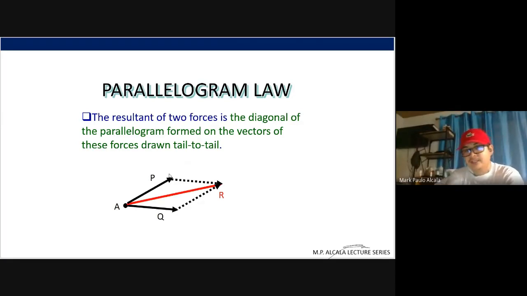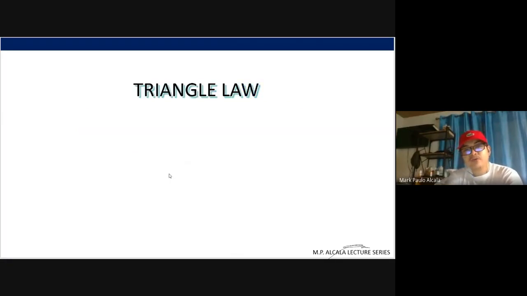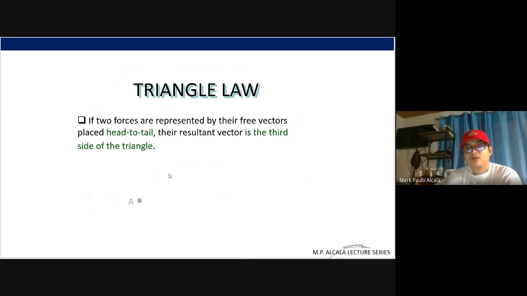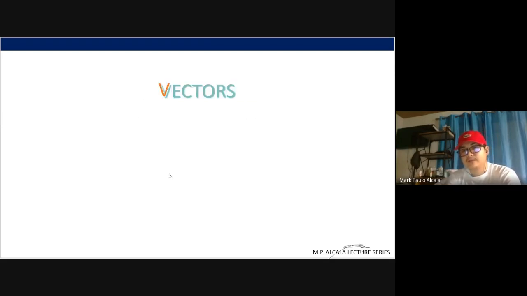We get the resultant R. However, for the triangle rule or the triangle law, we connect it head to tail. So in this case, P and Q, move Q to the head of P, and then connect A to Q. That will be our resultant.